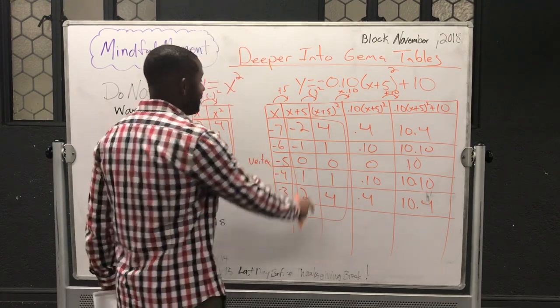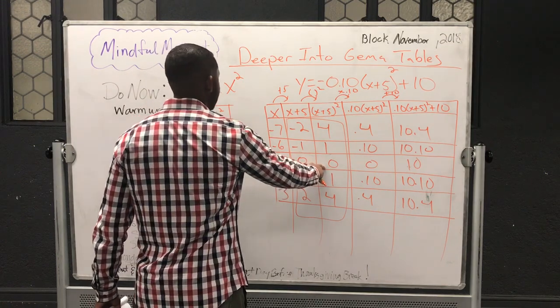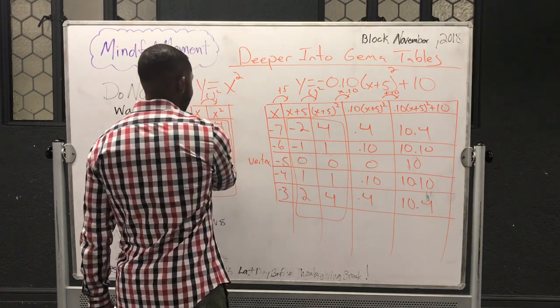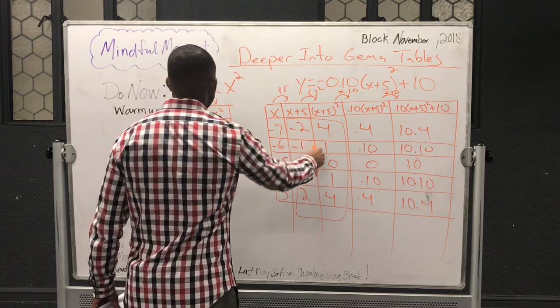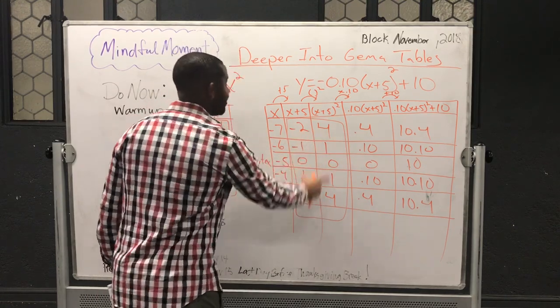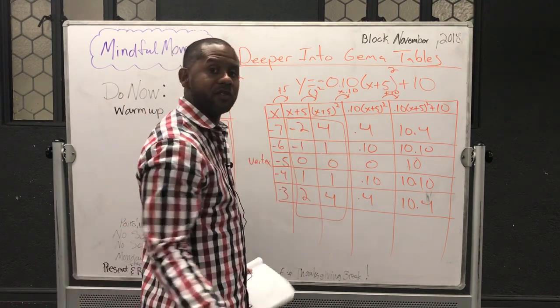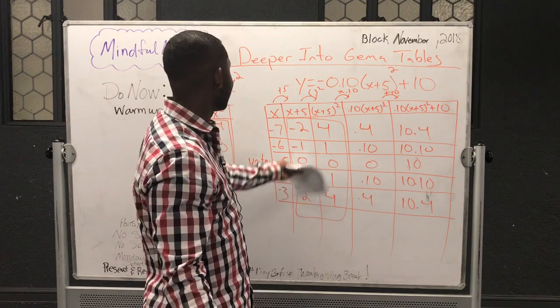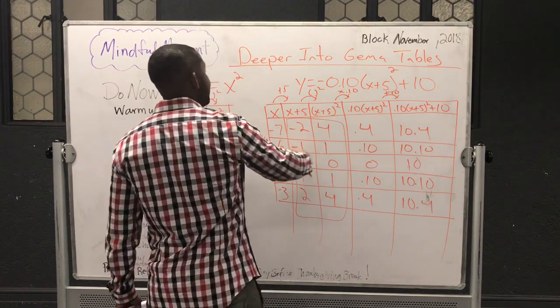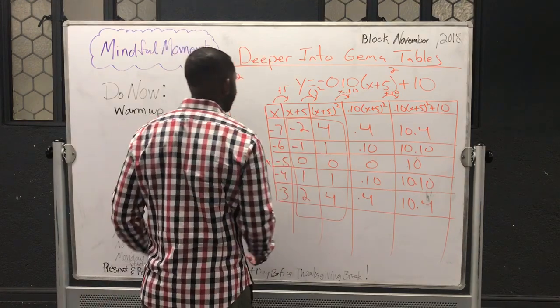So notice that, I know this thing is right because if I get my right vertex, I'm gonna end up with 0, 0, and I'm gonna end up with this same parent function, negative 1, 1, negative 2, 4, 1, 1, 2, 4. I'm gonna end up with that same parent function right inside my Gema table. So that's an important detail to recognize. Everything else happens around this parent function, okay?